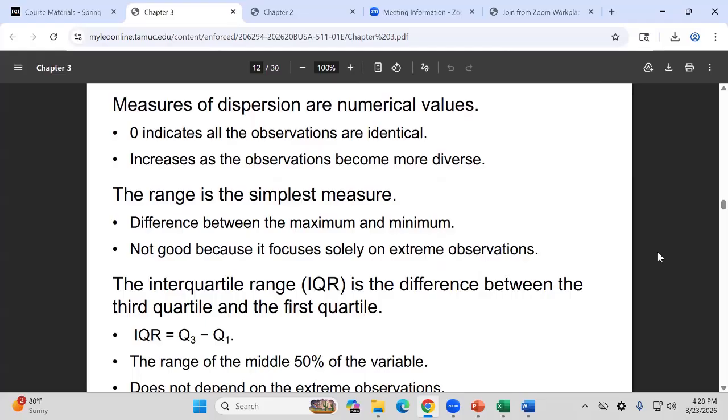If you want to calculate the median or quartile values, always rank the data first. So if you want to calculate IQR, first you need to rank the data from the smallest to the largest, or the other way around, depending on what you want to do.